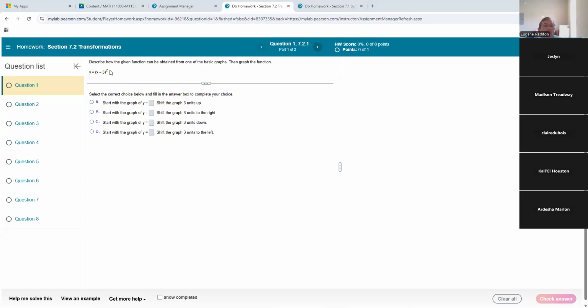Okay? So we just got to know that minus 3 inside the parentheses. Am I going to go 3 units up, 3 units right, 3 units down, or 3 units left? So y'all, that's inside the parentheses. So if it's inside the parentheses, we're going left or right, remember, because you're attacking the x inside those parentheses.